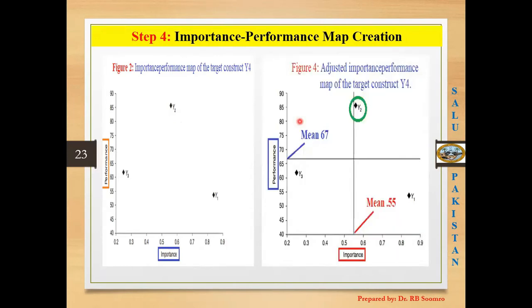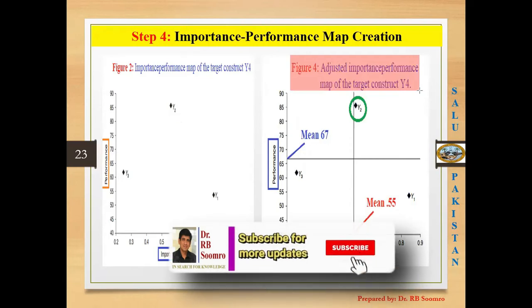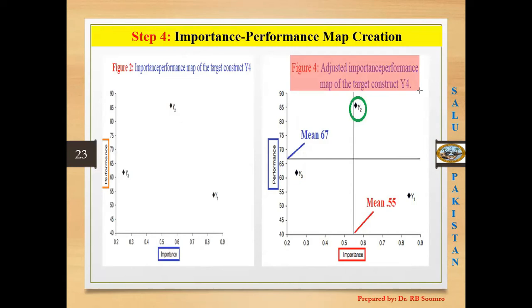Here there is figure number 4. This talks about the importance-performance map for target construct 4. Here this is our performance, this is our importance, and these are the mean of the importance and the mean of the performance.